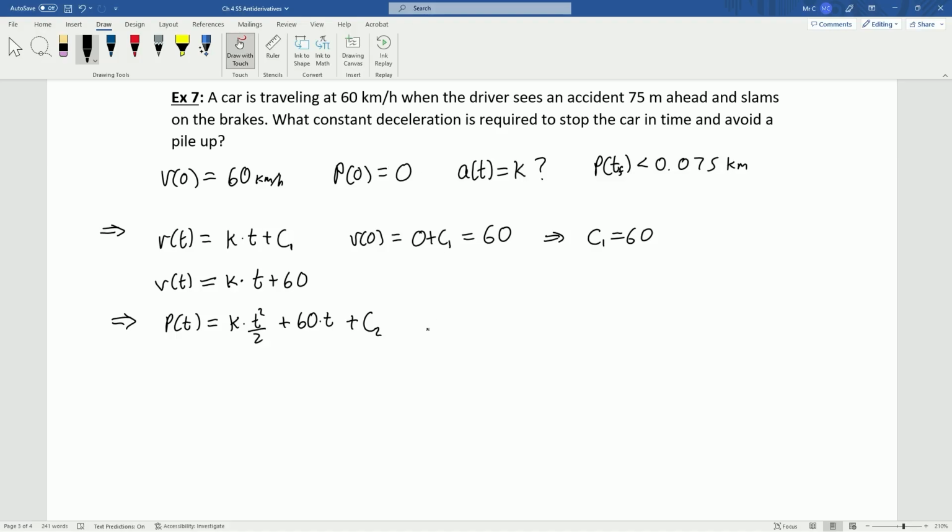But p of 0 equals 0, so we get 0 plus c2 equals 0, which of course implies c2 equals 0. So p of t is just k t squared over 2 plus 60t.